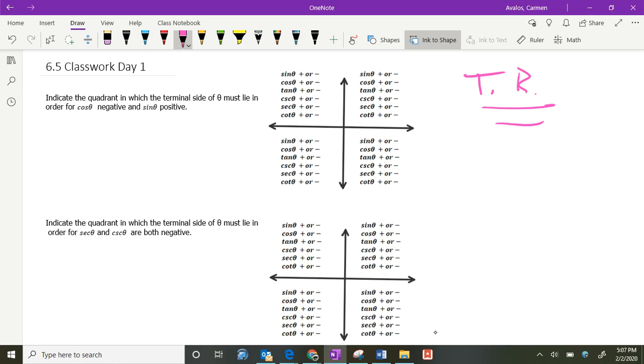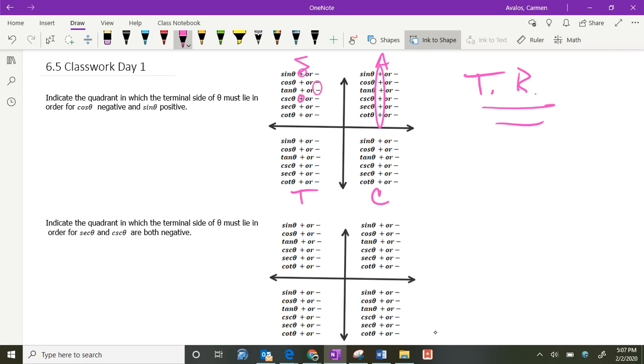So when we're looking at this here, we have where we say all students take CAT, and all that means is that they're all going to be positive. All the trig ratios are positive in quadrant 1. Students represents sine as positive, and therefore its reciprocal, the cosecant, is positive. Everything else is going to be negative.